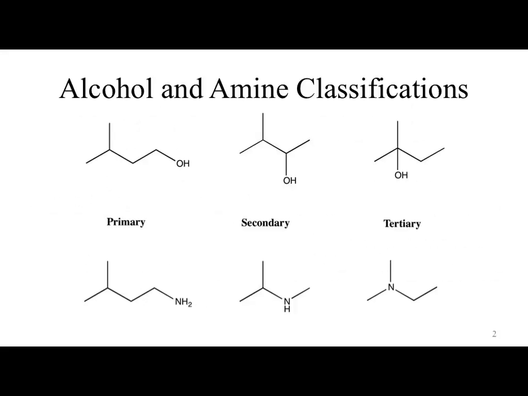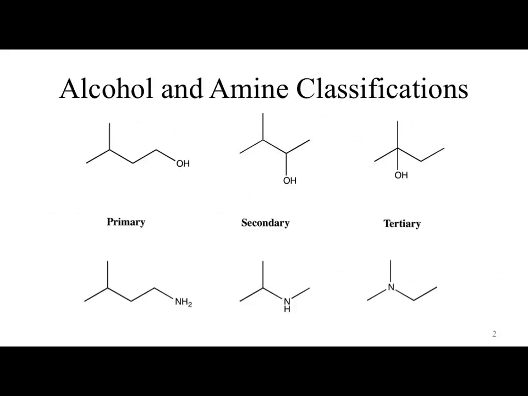So another thing before we even get into nomenclature was looking at some quick classifications. We looked at carbocations. We say primary, secondary, tertiary, and we could rank them based on those. Alcohols and amines have a very similar system, except we won't look at anything as far as stability. We're just going to call them primary, secondary, or tertiary.